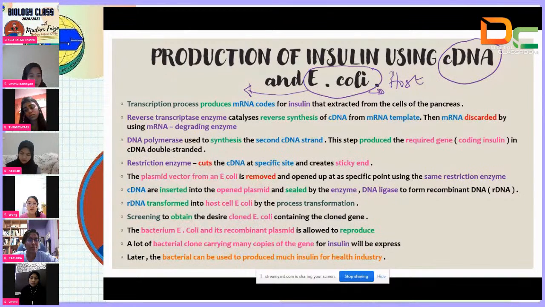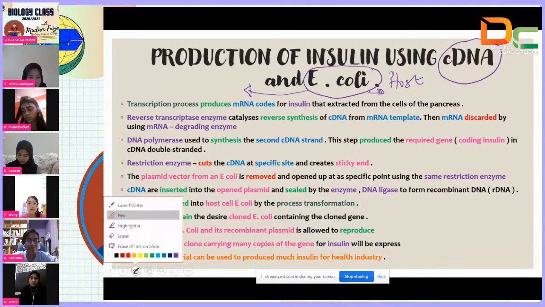Okay, did you notice? First is a host cell, then one more. E. coli can be a workhorse bacterium. Okay, why?